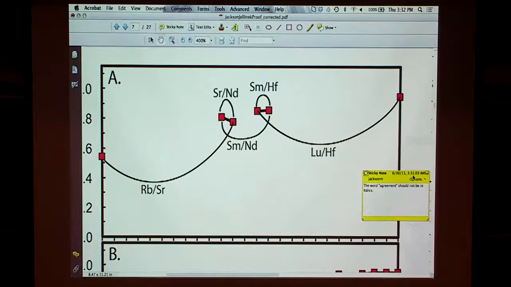So you introduce another isotope system, you're going to deal with the same problems. You don't know the degree to which lutetium, hafnium were fractionated in the slab, either by melting or by fluid mobility. Fortunately, lutetium and hafnium aren't very fluid mobile. It's like samarium, neodymium.